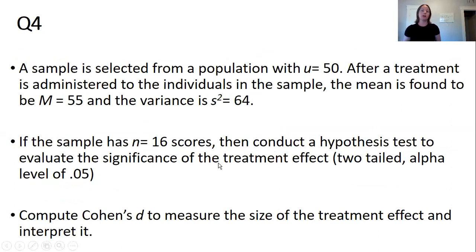So go ahead and run a single sample t-test on this sample. Make a statistical decision. Is the correct response to reject the null hypothesis, or do we fail to reject the null hypothesis? And then calculate Cohen's d to measure the size of the treatment effect and interpret it.